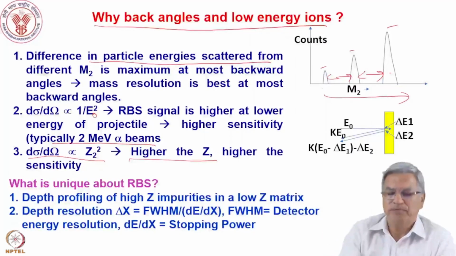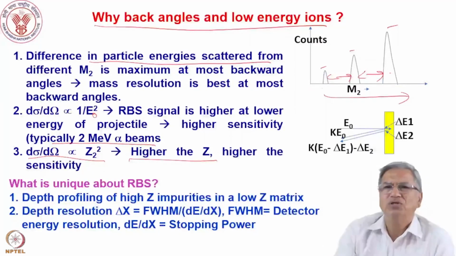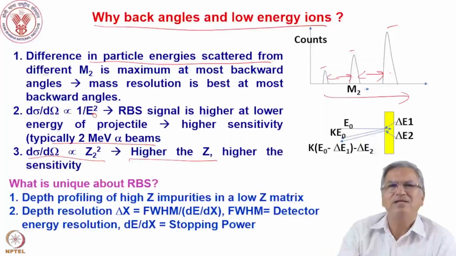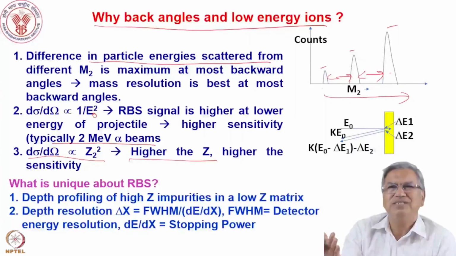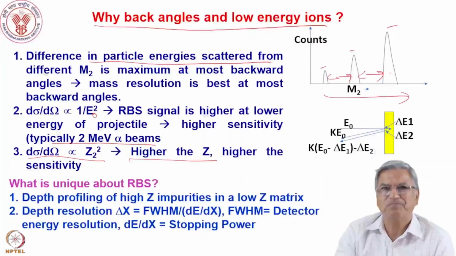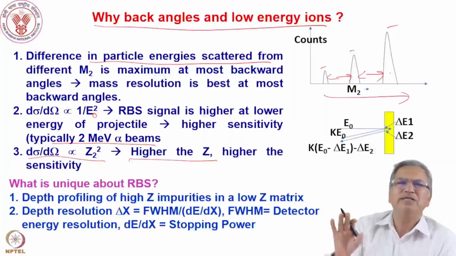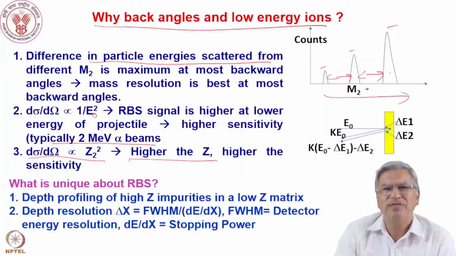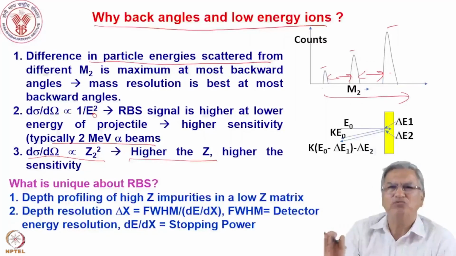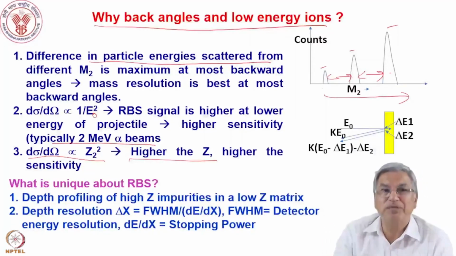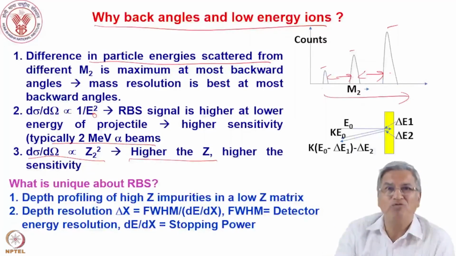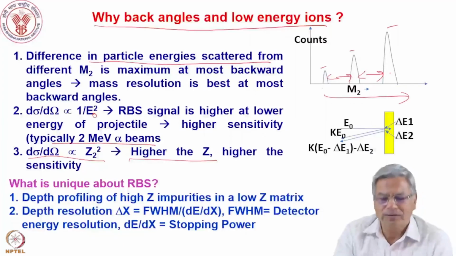So they are more sensitive. Because of this, RBS is ideal for detecting high Z impurities in a low Z matrix. Mostly the applications of RBS involve determination of high Z impurities in a low Z matrix. Suppose you have a plastic in which you want to determine some metallic impurities, or iodine, bromine. It is an excellent technique for that kind of job.